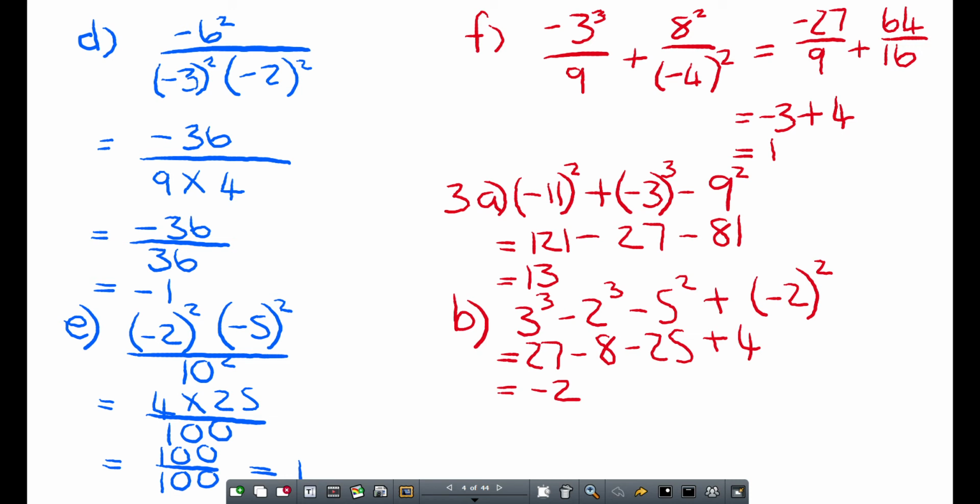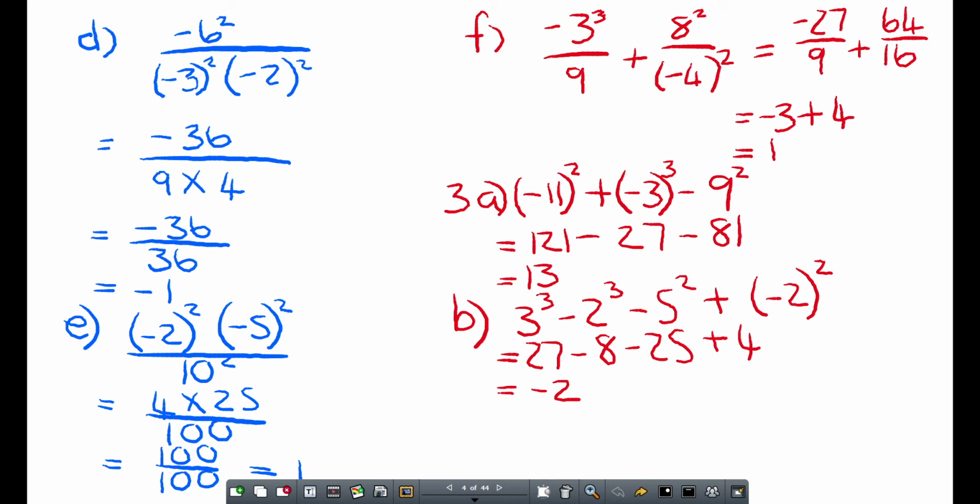Okay, then when these two brackets are written next to each other, what's written in between here is actually a multiplication sign. So that's where I get this multiplication from. Then minus 5 to the power of 2, again, because there's brackets around, it's the same as minus 5 times minus 5. So that's why I get a positive 25.